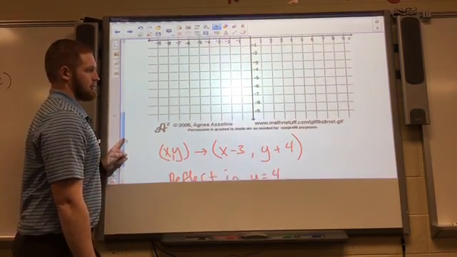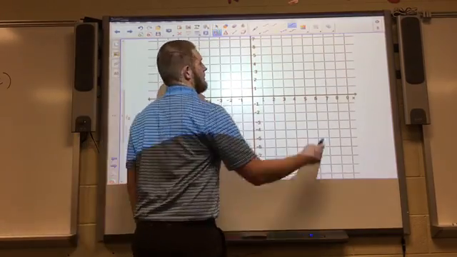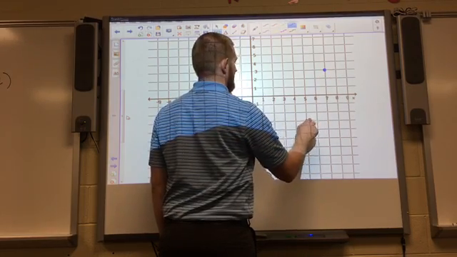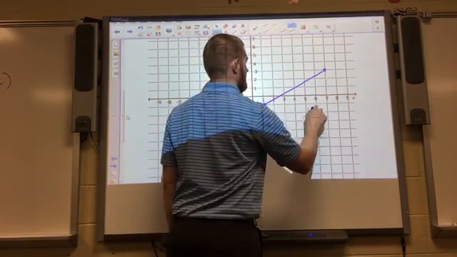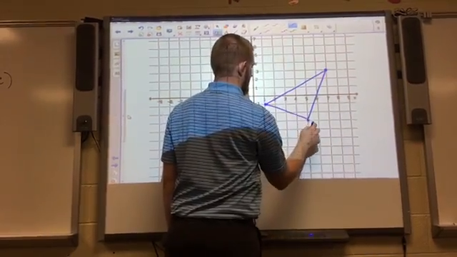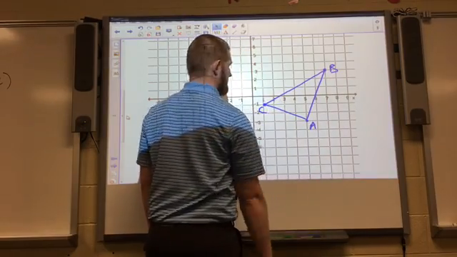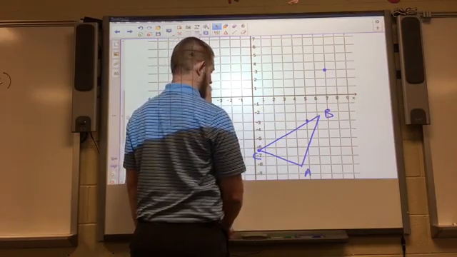Let's go ahead and get a diagram drawn up here. I like triangles, so we're going to go with a triangle. Triangle ABC. Actually, I'm going to redo that in a different color. Sorry if that confuses you.